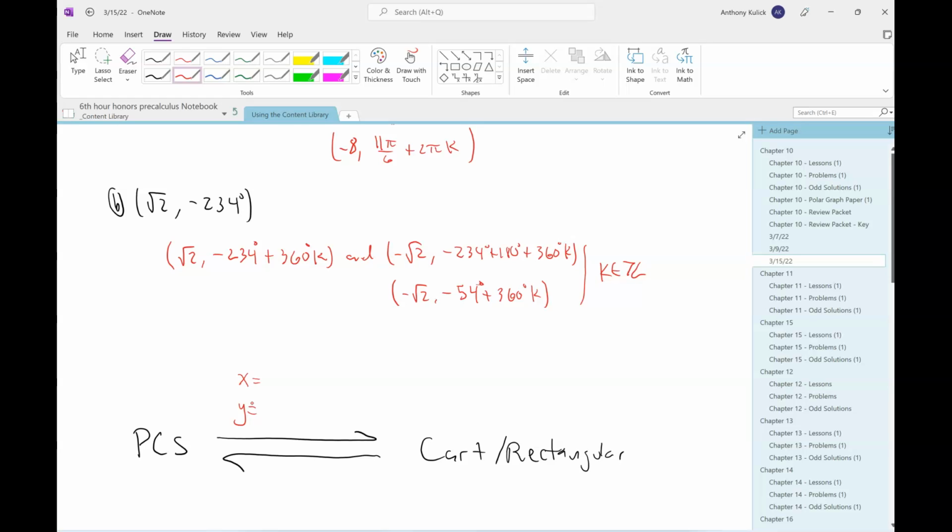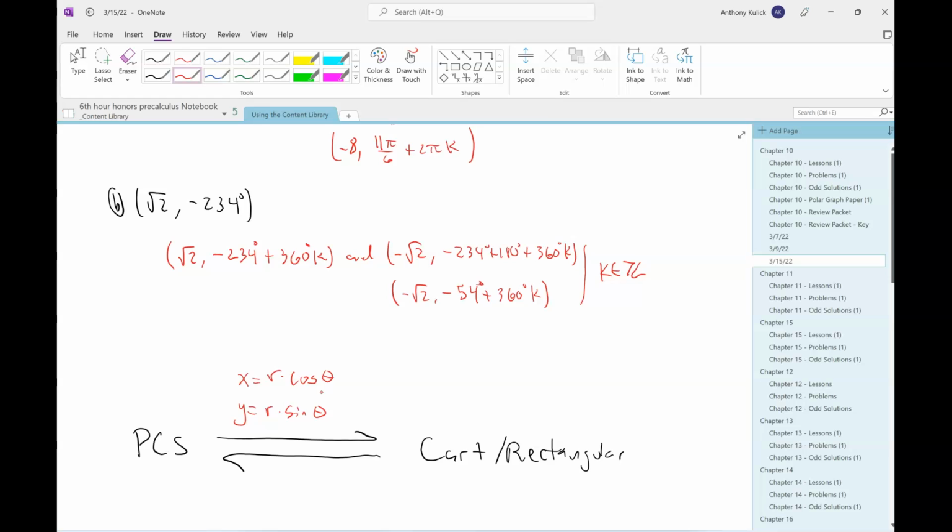Okay, so to go from polar to Cartesian, I need an x and a y. Everybody agree with that? Well, the x-coordinate is just going to be r times cosine theta. And the y-coordinate is going to be r times sine theta. Does that look familiar? That was basically a first semester definition for sine and cosine, right?